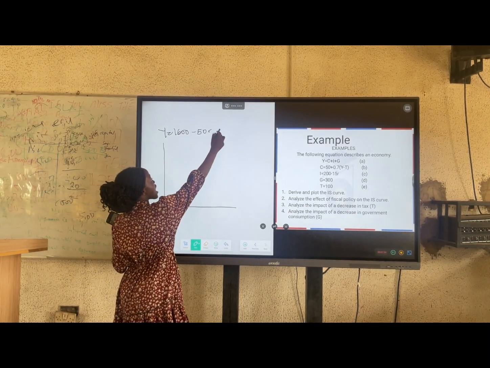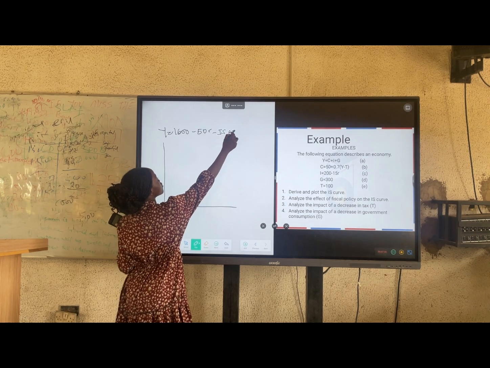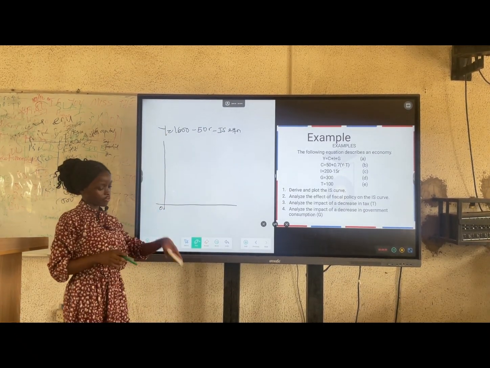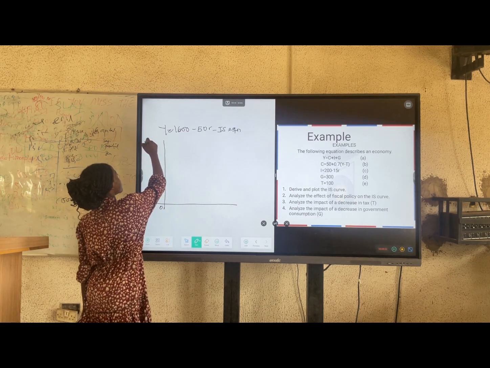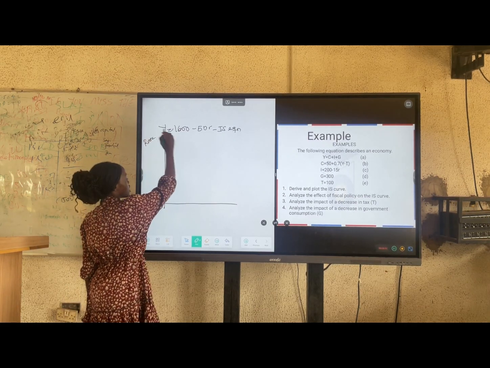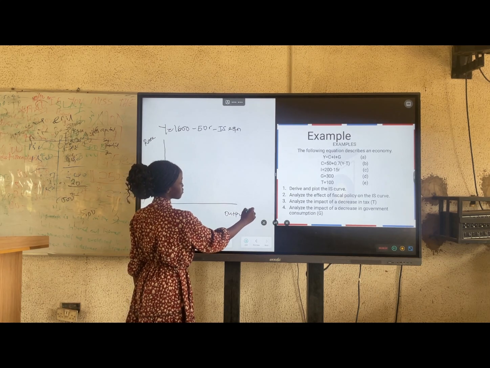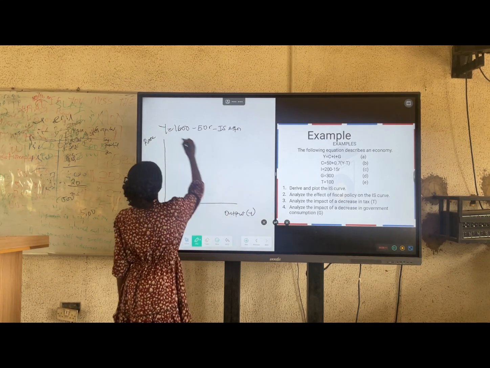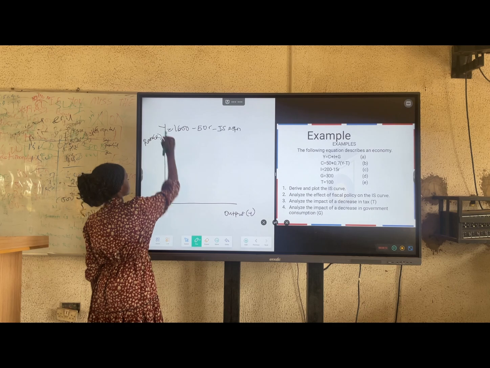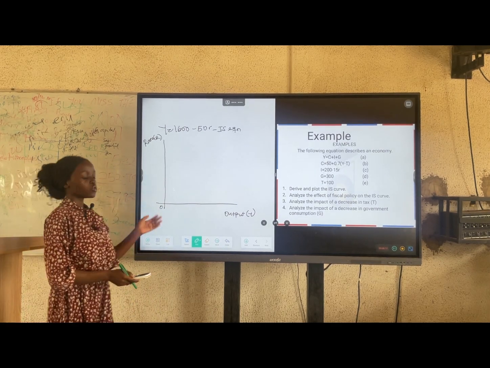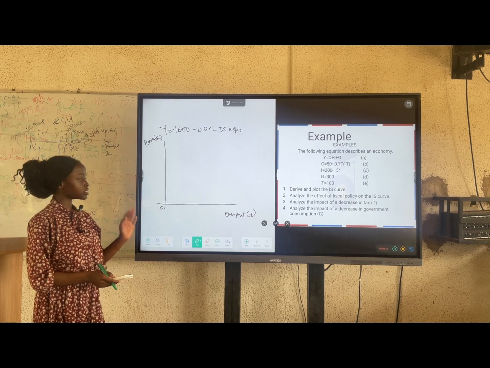So this is the IS equation, and we're going to be using this to plot the graph. We have our rates here, and our output here. To plot the graph, we're going to be looking for the y-intercept and the r-intercept.